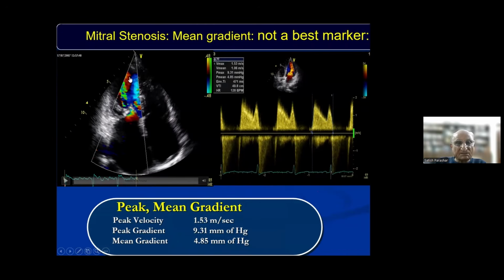Remember, in all stenosis cases, as we told you, we have to be parallel to the flow. So the best view is the apical four chamber or three chamber view where you are parallel. In the parasternal long axis view, you are perpendicular, so you never take a mitral Doppler there. Here you take it mostly in an apical view, and you trace it and you get this.